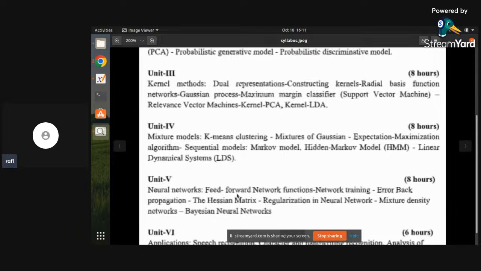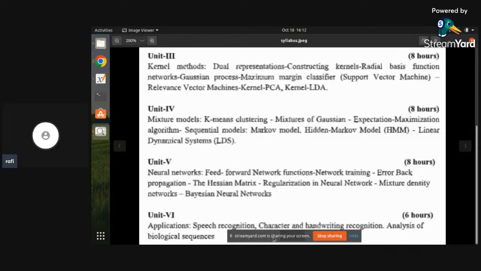Finally, there are application topics, which are speech recognition and character and handwriting recognition. Speech recognition is a one-dimensional signal processing problem, whereas character or handwriting recognition is a two-dimensional signal processing problem.